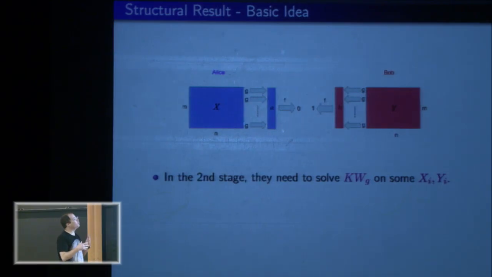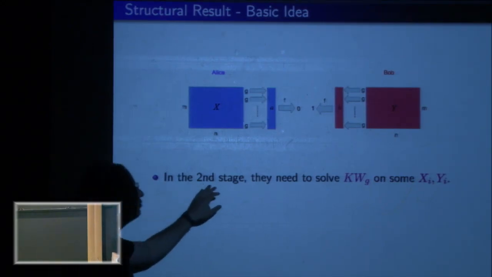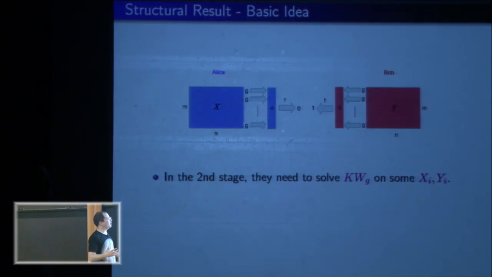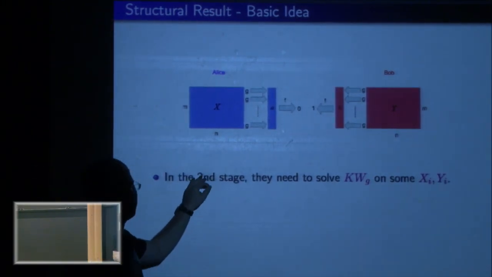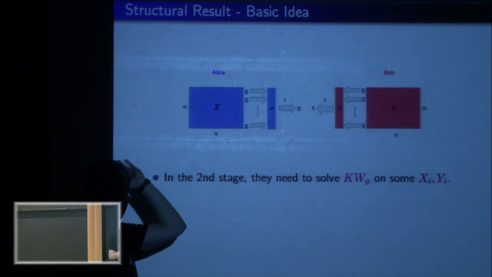So what does proving the second item entail? Intuitively, in the second stage, they have to solve the Karchmer-Wigderson relation of G on some xi and yi. When I say this, I mean this in the trivial manner. That is, in the second stage, eventually they find some coordinate on which those matrices differ.